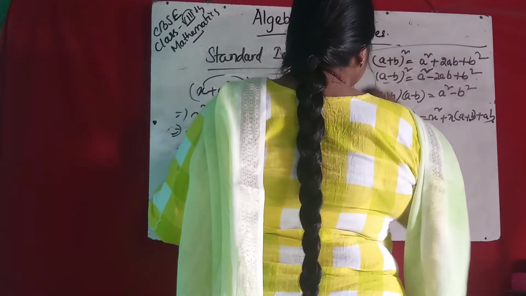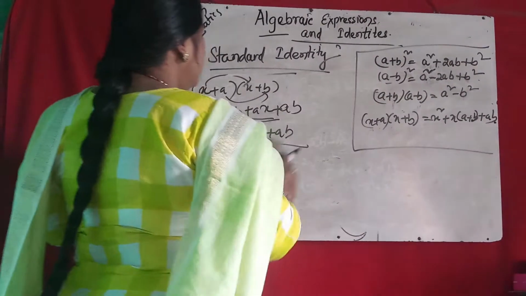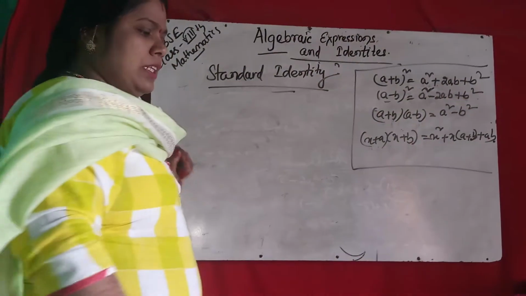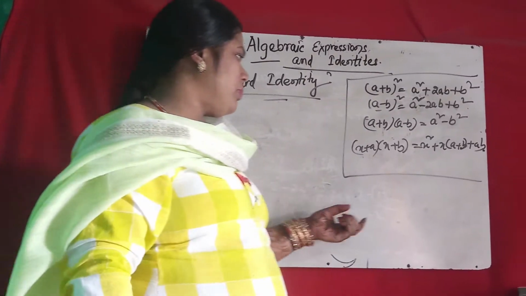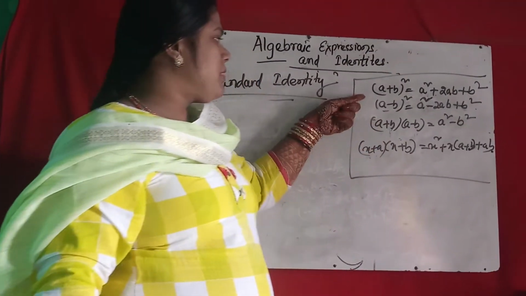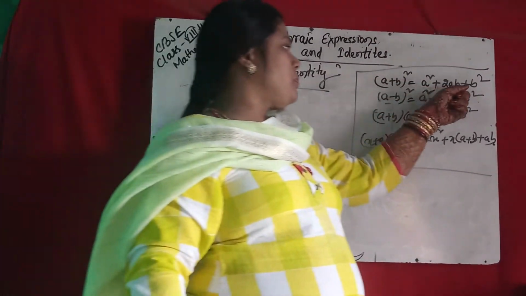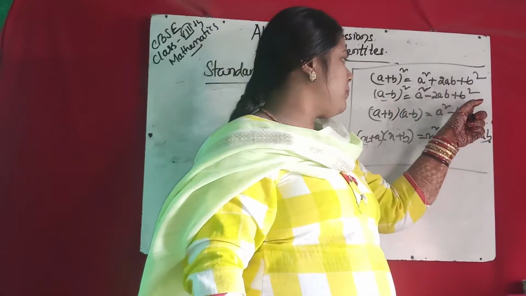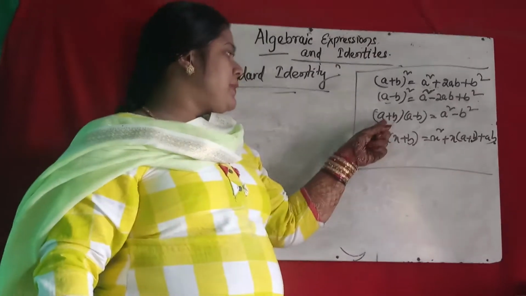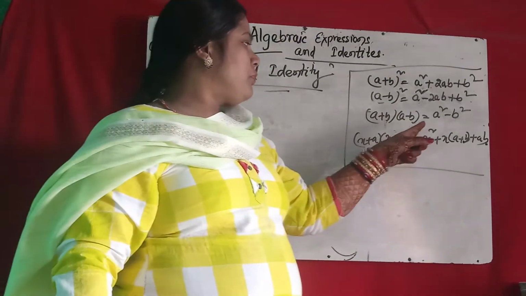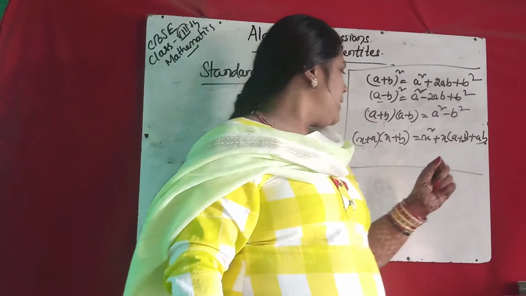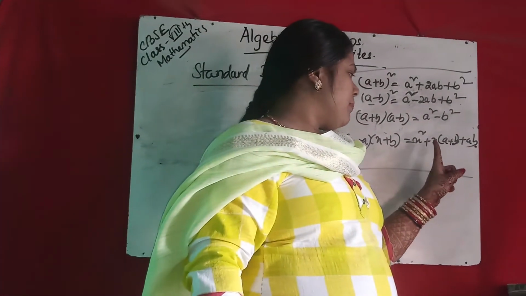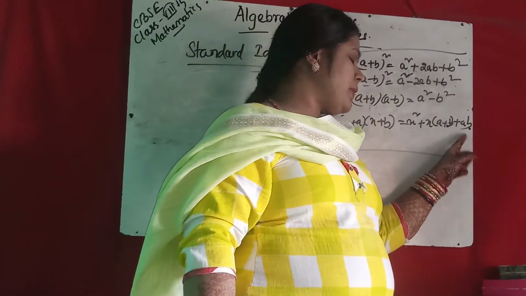So these four identities you have to remember to solve different problems, which are based on these. First one is (a plus b) whole square, a square plus 2ab plus b square. Then (a minus b) whole square, a square minus 2ab plus b square. If (a plus b) into (a minus b), then your formula is a square minus b square. If there is x plus a into x plus b, then x square plus x into (a plus b) plus ab.